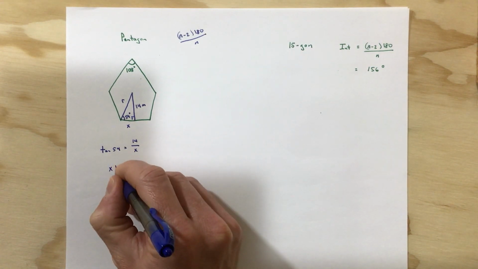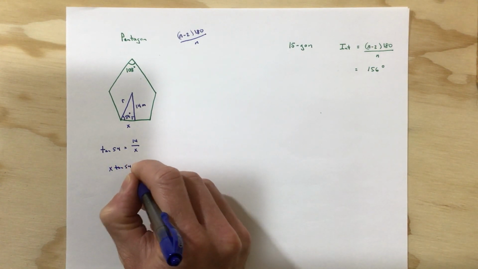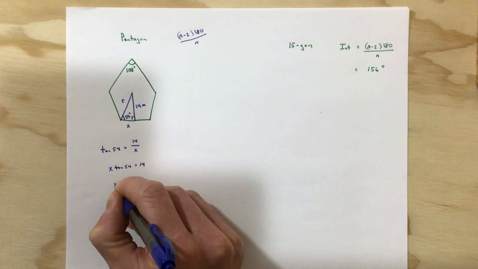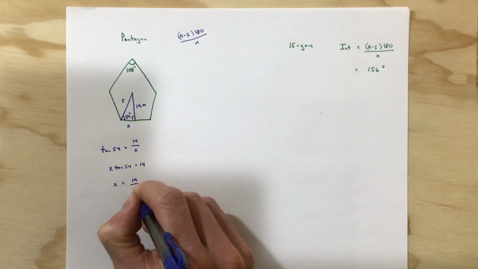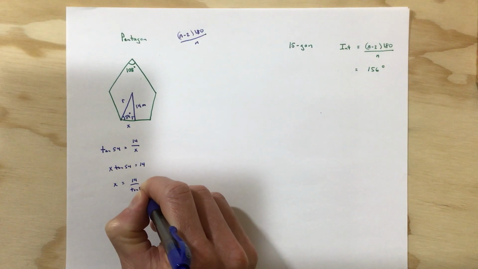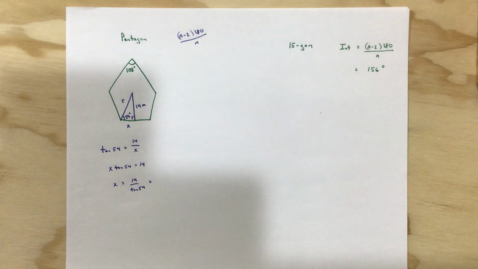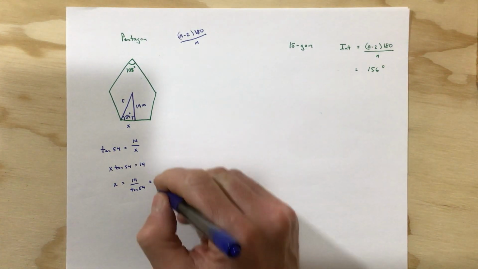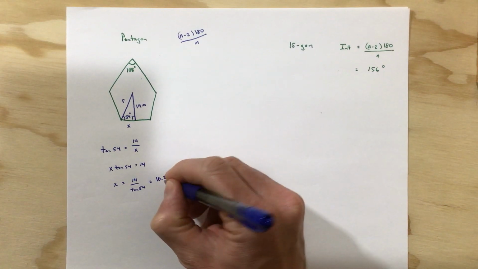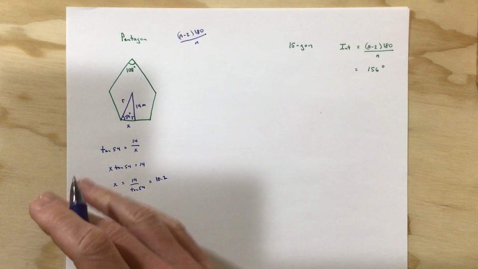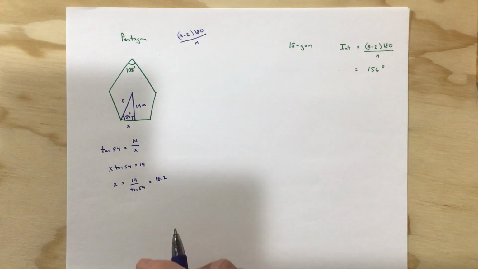Then I'm going to multiply both sides by X, and then divide by tangent of 54, and I'm going to find a value for X. So 14 divided by tangent of 54 is going to give me 10.2 if I round to the nearest tenth.